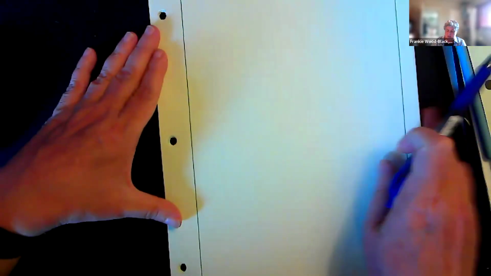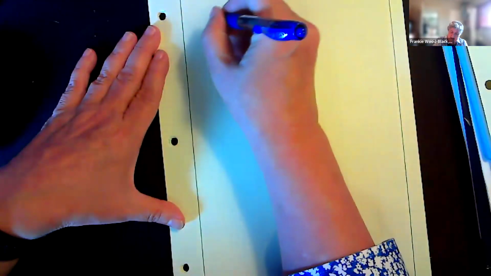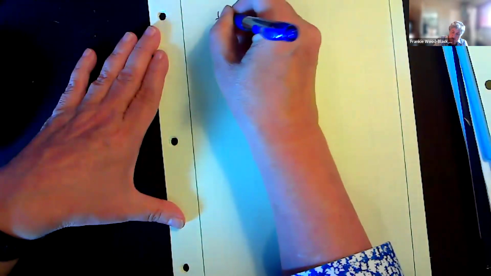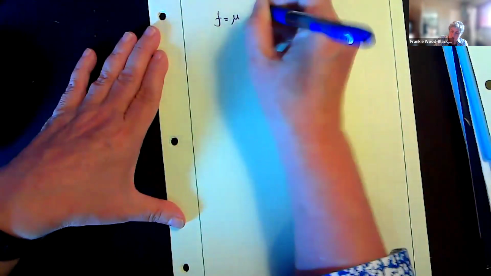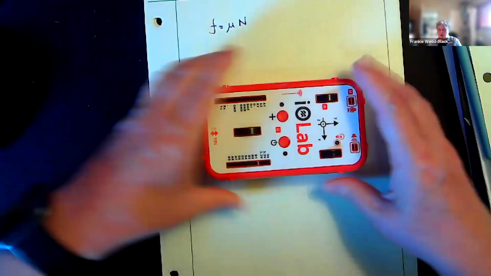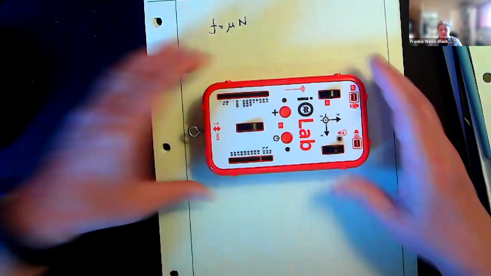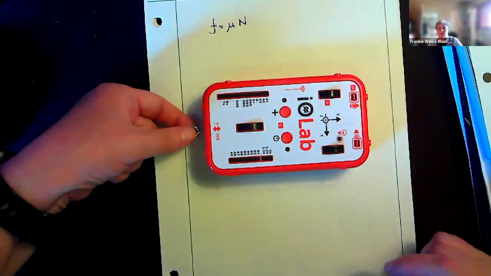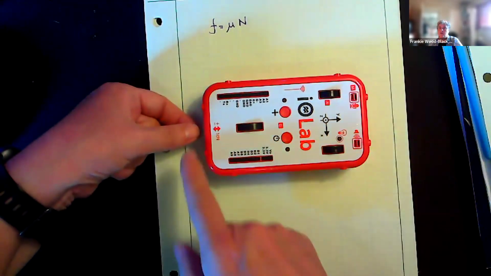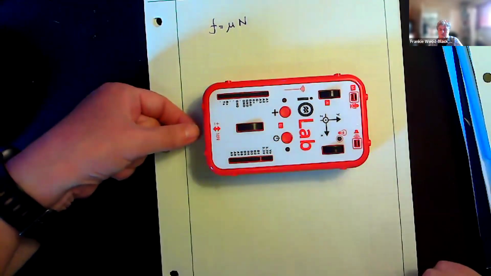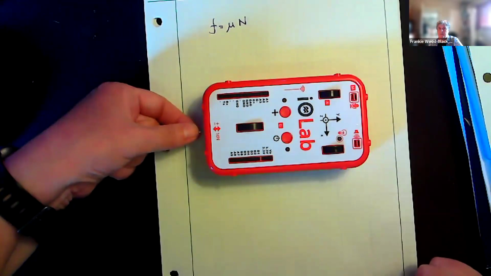So one of the things that you deal with is looking at the force that's going to equal my coefficient of friction times my normal force. So when we're doing our Firefox, if I'm on the flat side here and I'm going to pull on my force sensor, as I pull and apply force, guess what's going to happen?